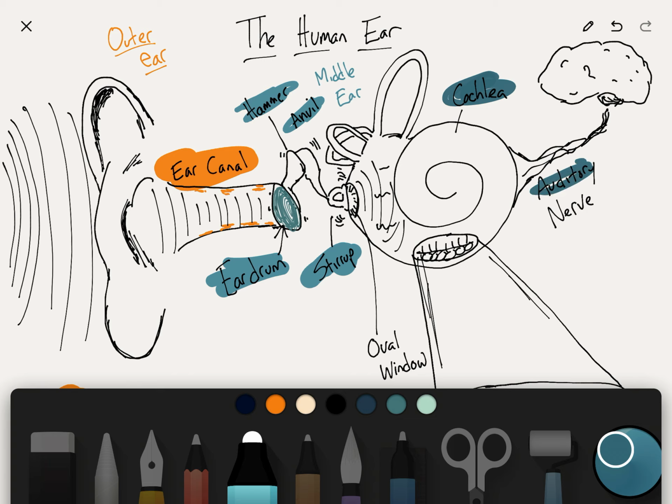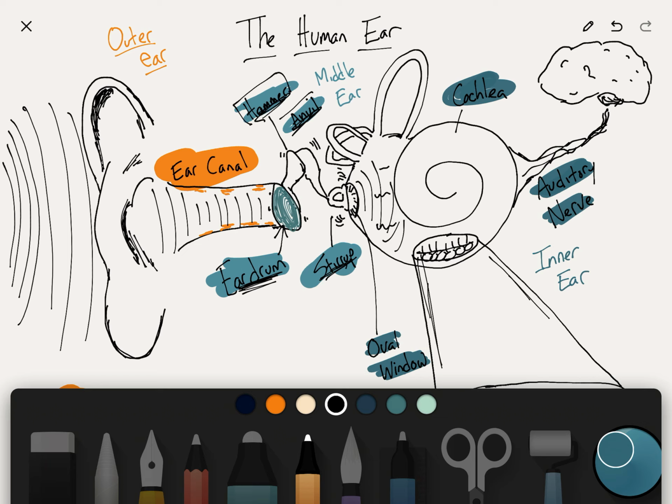So the cochlea, the auditory nerve, and even the oval window is part of what we would call the inner ear. Okay? Since these kind of look the same, so yeah, so these are the middle ear, okay?